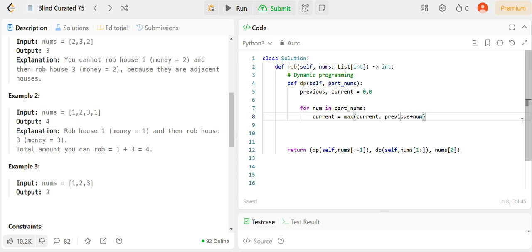For the next round, the previous will become the current, because when we go to the next house, the previous becomes the current and the current becomes the result we compare.